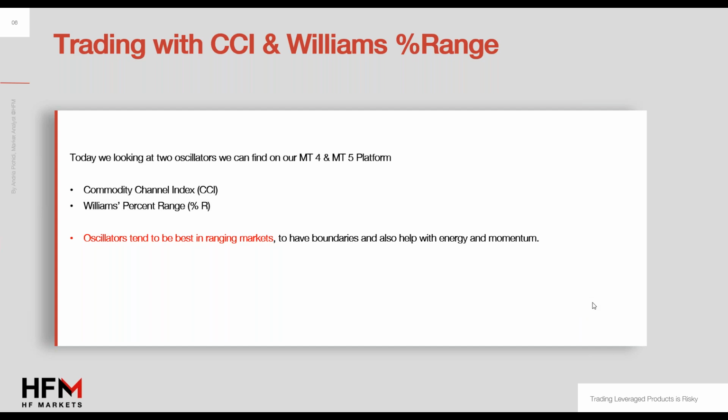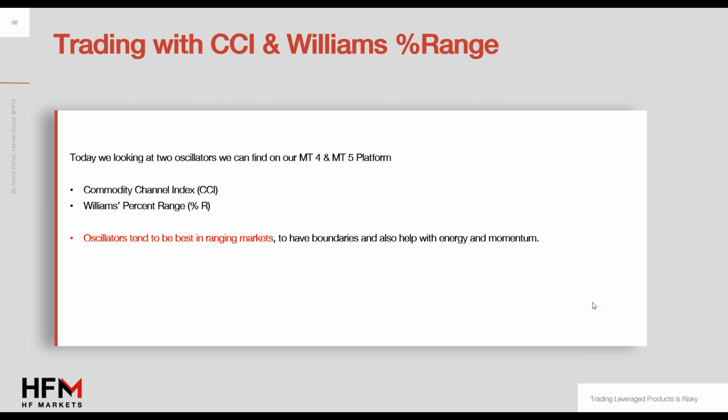You can find both indicators in MT4 and MT5. Also, please bear in mind that these two are oscillators. So as you understand, they tend to be best in ranging markets, exactly because they are oscillators.